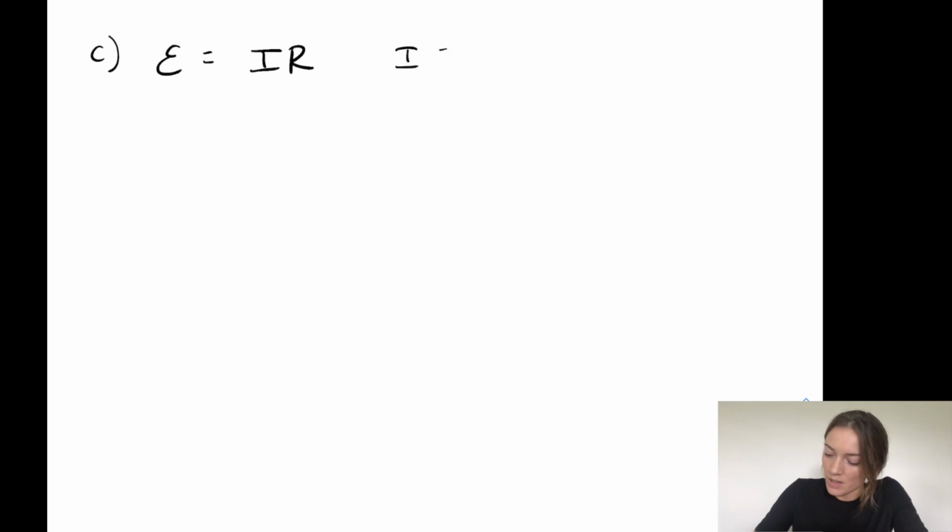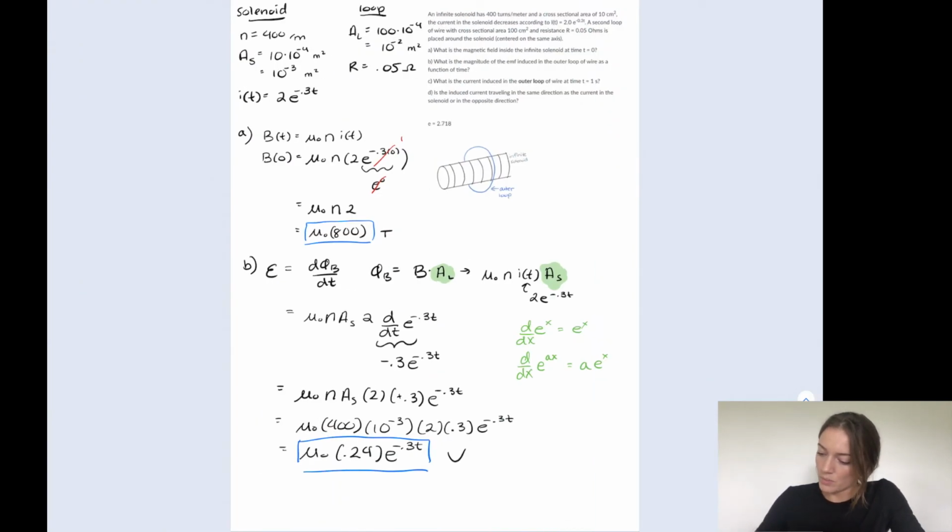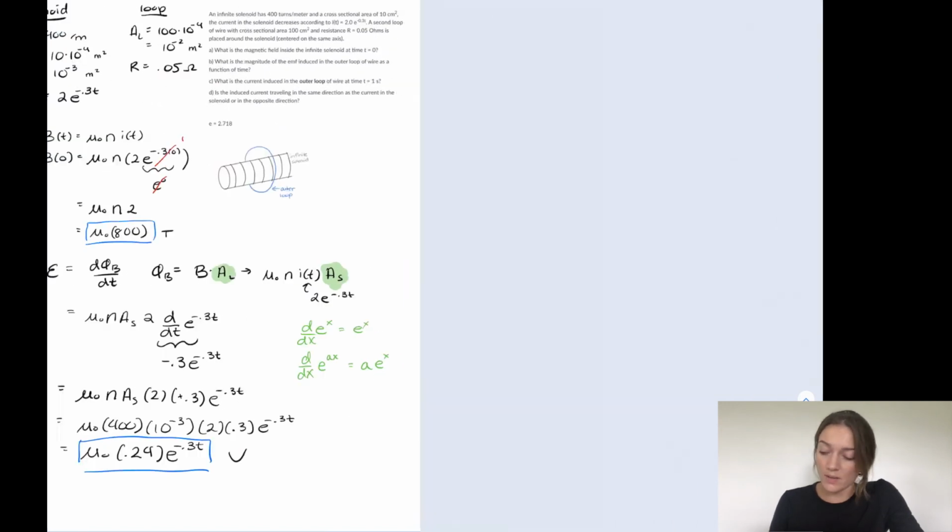We are looking for the current, so the current is the EMF divided by the resistance. For the EMF, we're just going to plug in the function that we found, where t is equal to 1 second, and then divide by the resistance of 0.5 ohms.